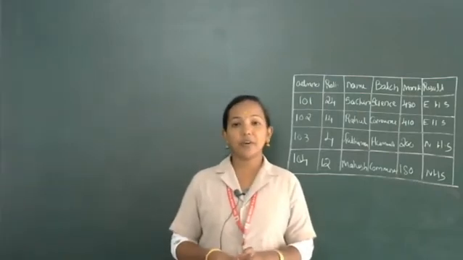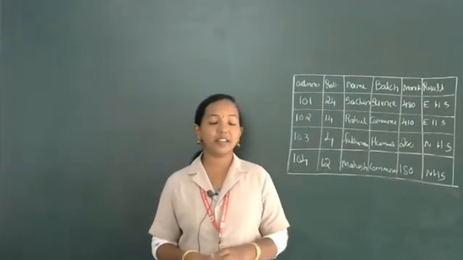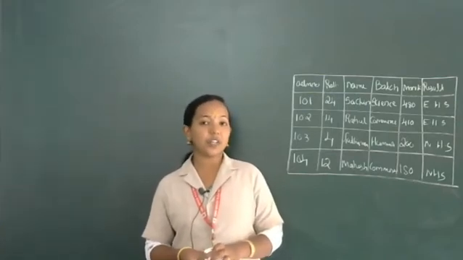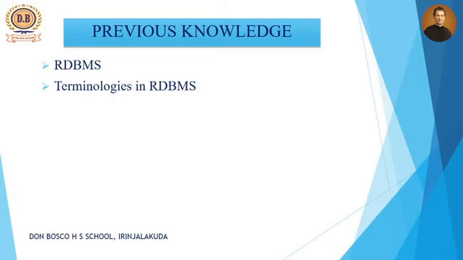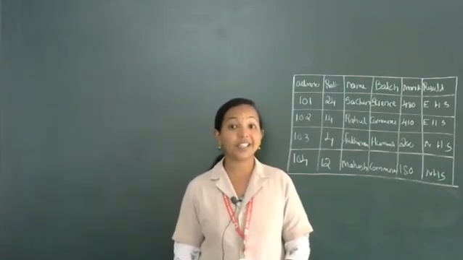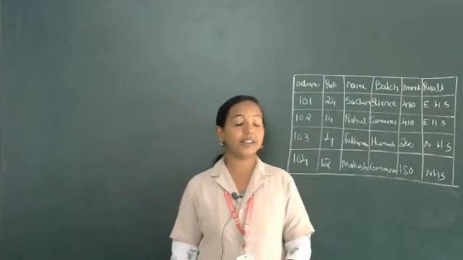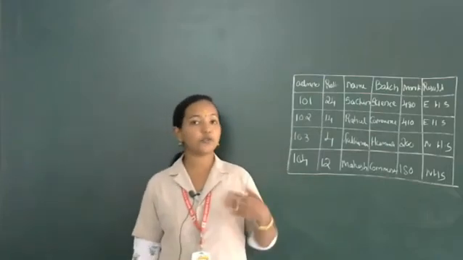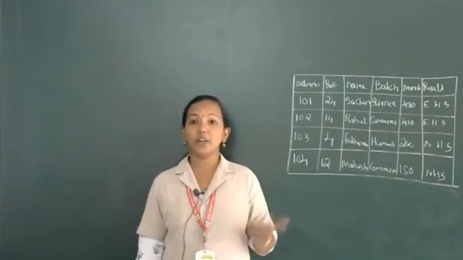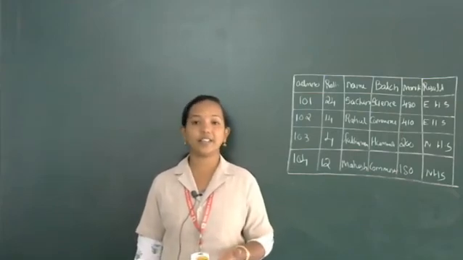We are discussing database management systems and the different terminologies that we are using in DBMS. In the previous video, we already saw the different terminologies of RDBMS, and also what is RDBMS, Relational Database Management System. That means a relation or table present in RDBMS, and also different terminologies: tuples, attributes, domain name, degree, cardinality and all.